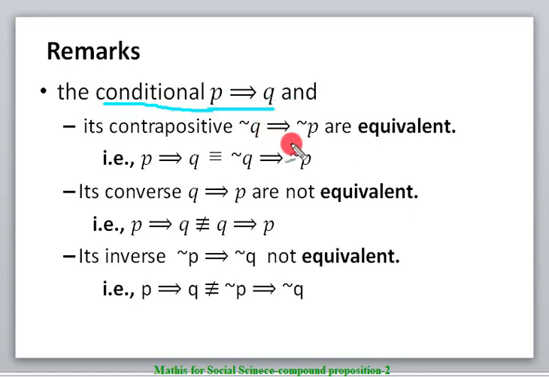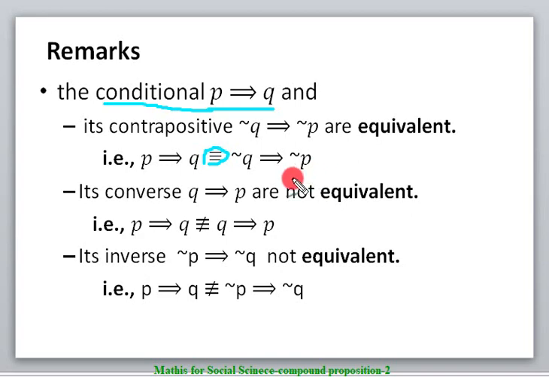So are they equivalent? Yes, the conditional statement and its contrapositive are equivalent. You can refer to this from the second tutorial that you have learned. When we talk about equivalence, we are not saying that the two propositions are identical, but that their truth values are equivalent.